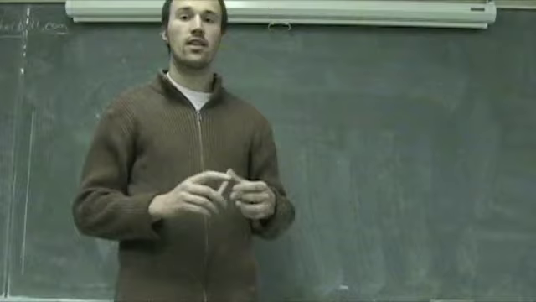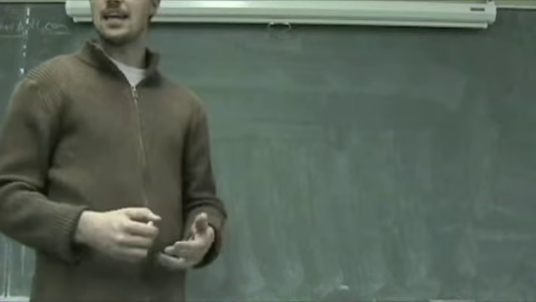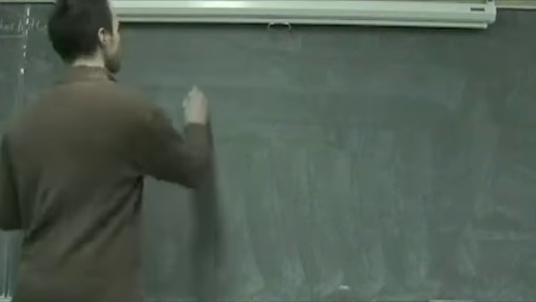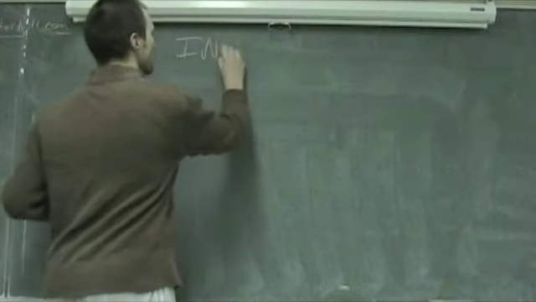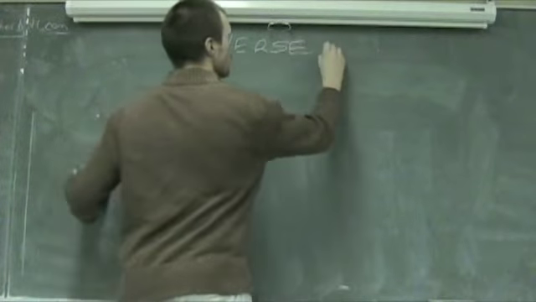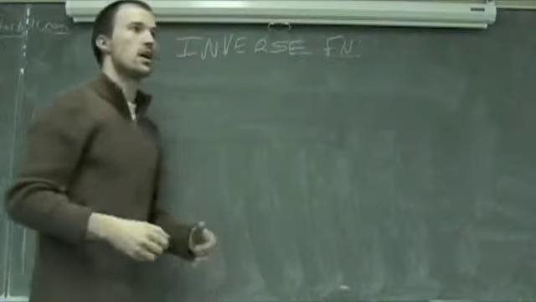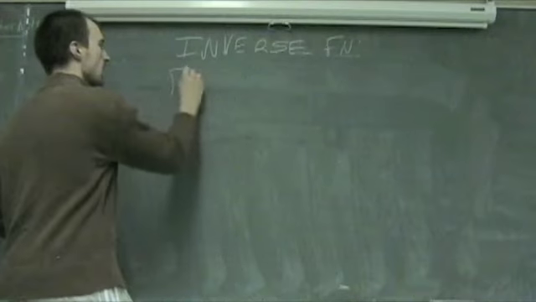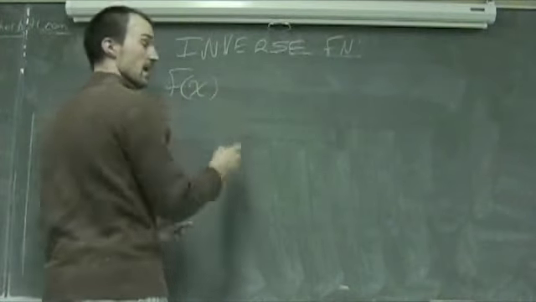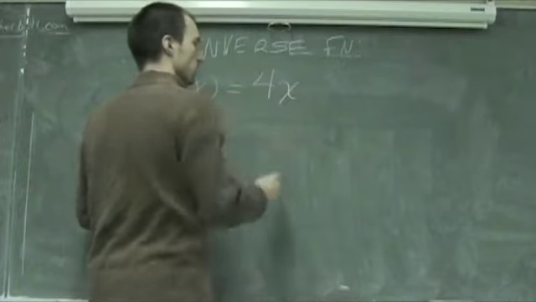The next section that we are working on deals with finding inverses and inverse functions. Okay, the inverse functions. Let's say that we have f of x, which is a function, and let's say that it's equal to 4 times x.